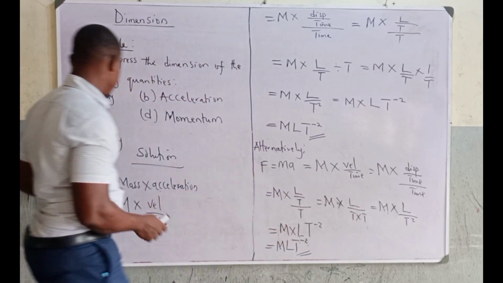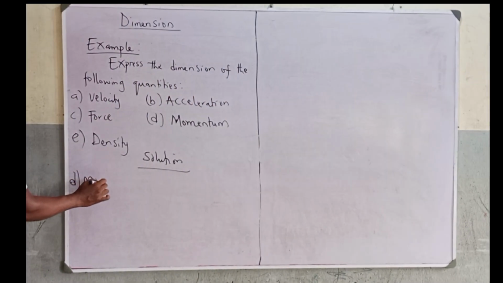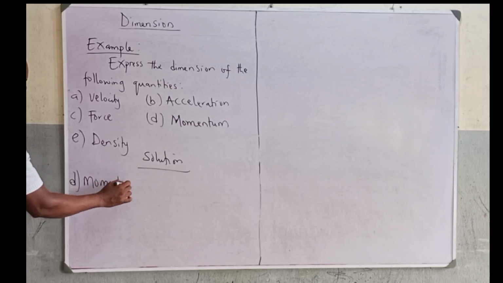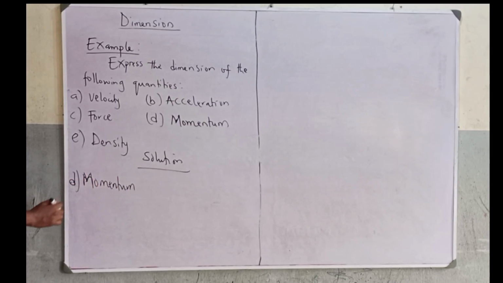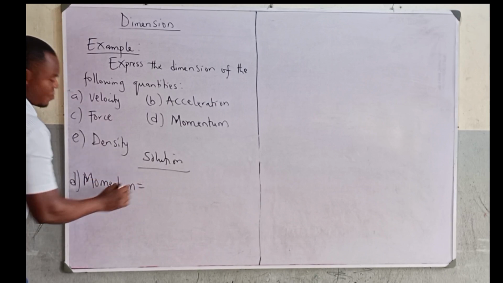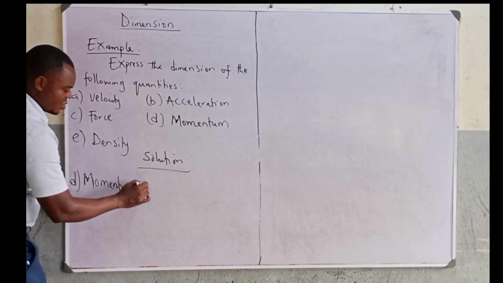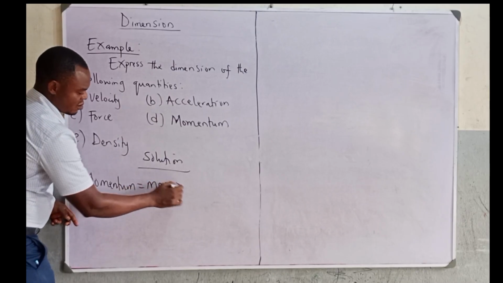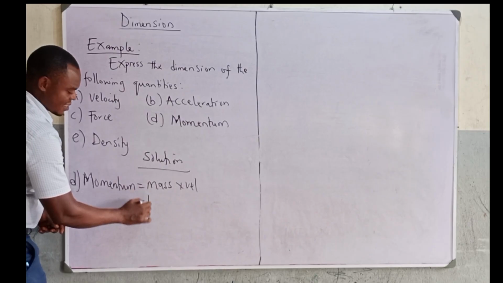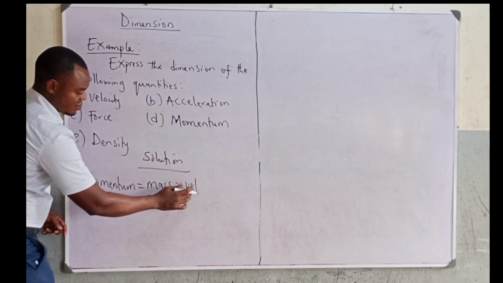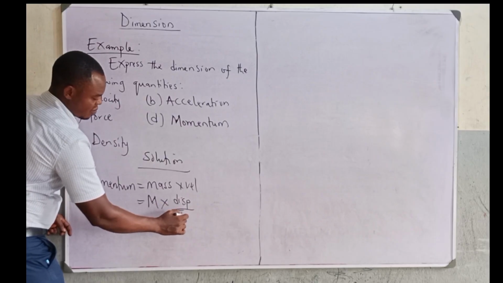So let's take the next example, momentum. D. Momentum is the product of mass and its velocity. So momentum is mass times velocity. Mass is capital M in dimension times velocity, displacement over time.